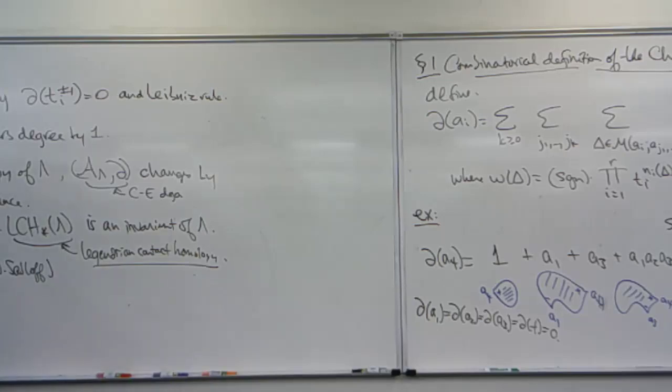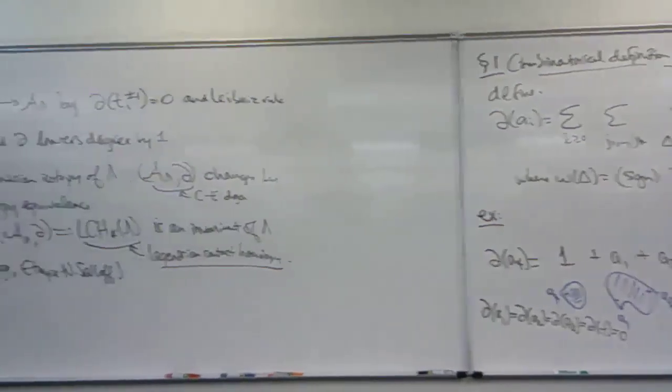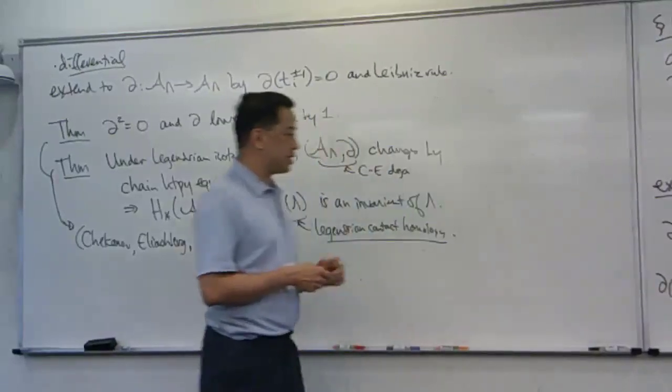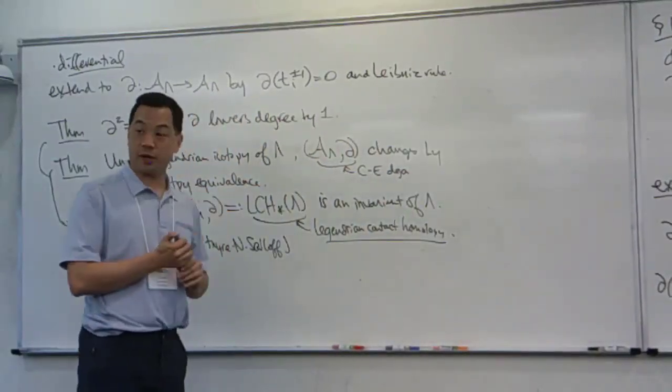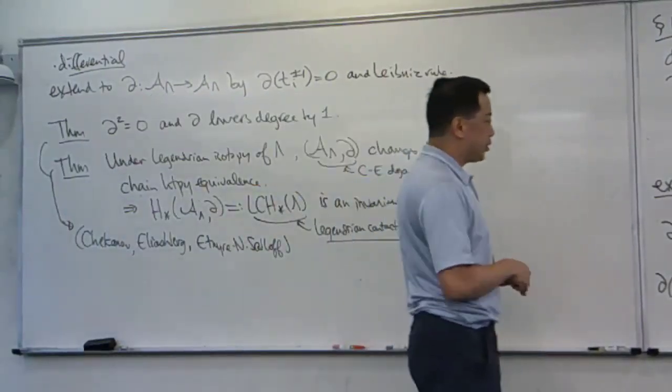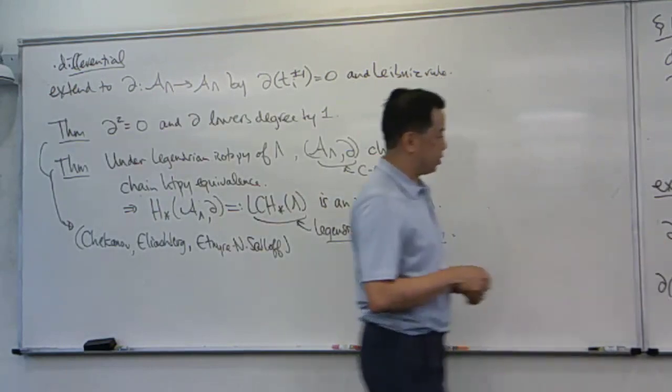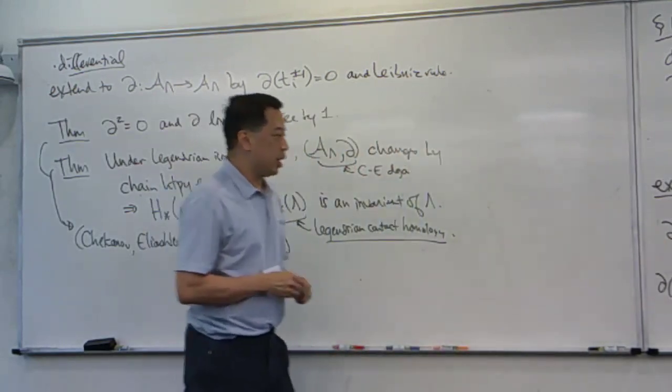So I wanted to make one remark, which I will not write down, about d squared equals 0. In this particular example, and in a lot of examples like it, like for instance the ones that come from rainbow closures of positive braids, it turns out that all of the generators, just like here, are in degree 0 or 1.